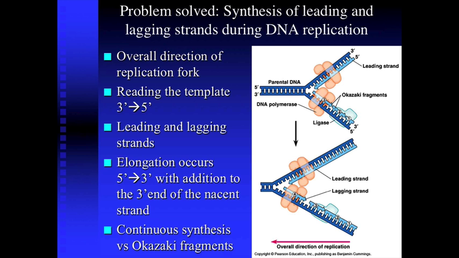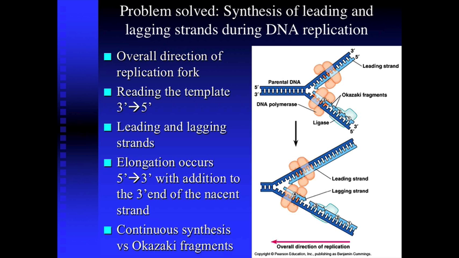okay? We read 3' to 5', which means that as I'm laying down my new piece of DNA, semi-conservative, we're going to copy each of the 2 strands, aren't we? I can replicate this strand and lay down new DNA 5' to 3'. Synthesis is going to be 5' to 3'.